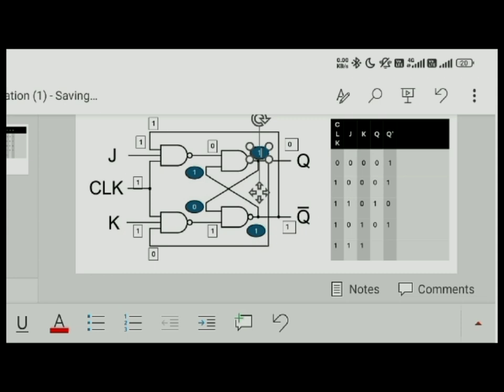Now the value of Q will be 1. Now that the value of Q has changed to 1, 1 times 1 is 0. So the value of Q complement is now 0.